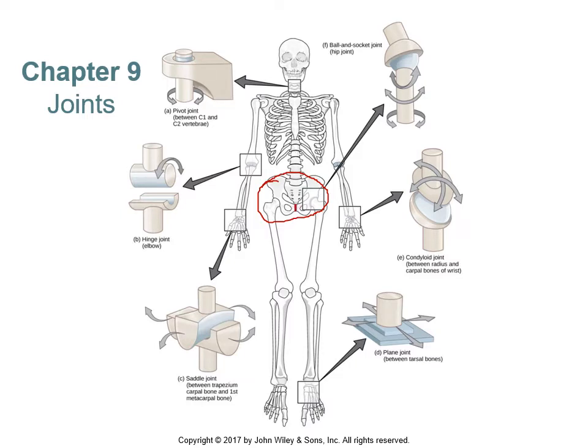Again, that allows a very small amount of movement in that joint, much different than, let's say, for instance, in the elbow, right? The elbow, there's a huge amount of movement which is allowed and permitted. And again, that has to do with the design of the joint. And the design of the joint is based upon what sort of functionality is needed in that particular area.